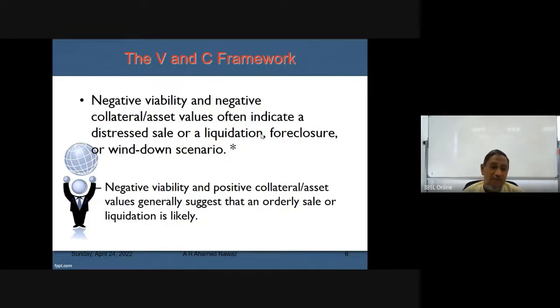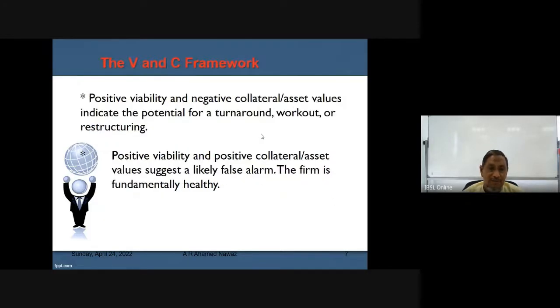Negative viability and positive collateral value generally suggest that an ordinary sale or liquidation is likely. That means if the viability is negative but the collateral is available, we may go for liquidation, that is, the collateral is disposed of and recovered.